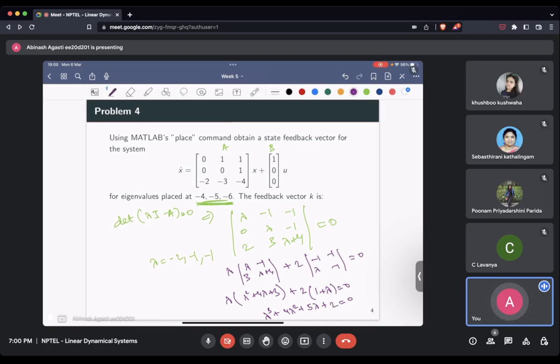So minus 2 is a solution. Minus 8 plus 16 minus 10.